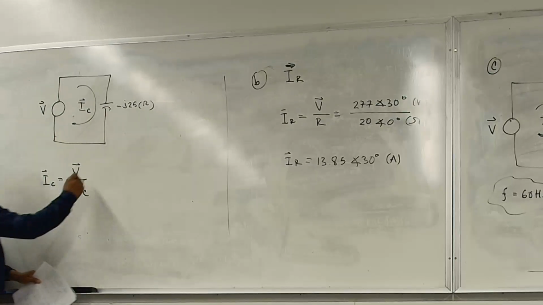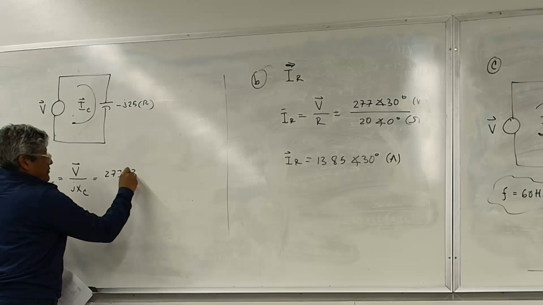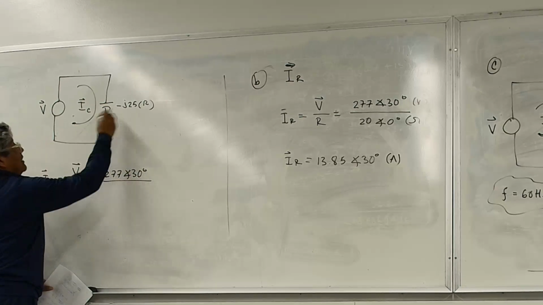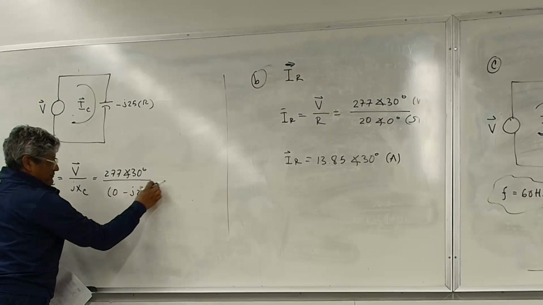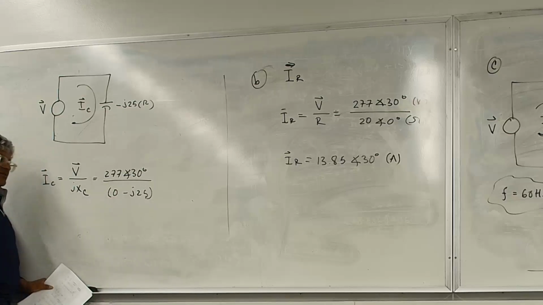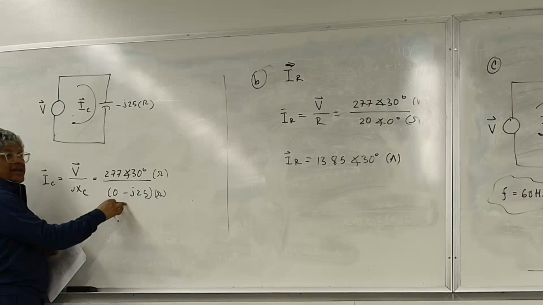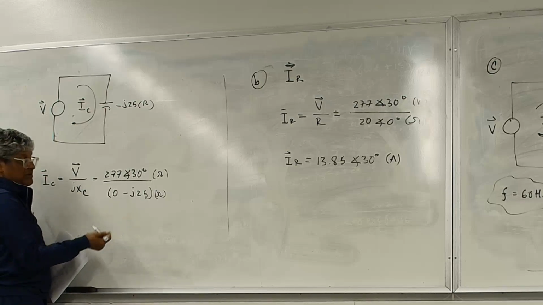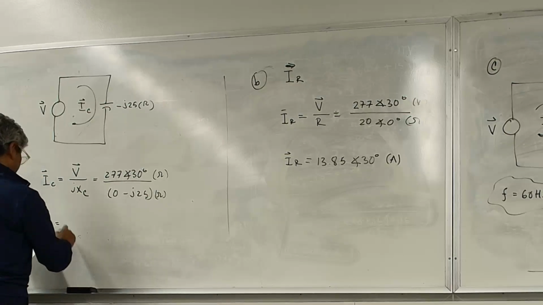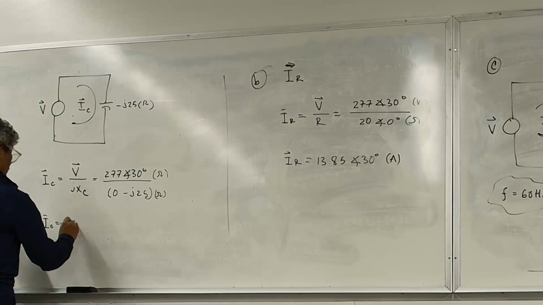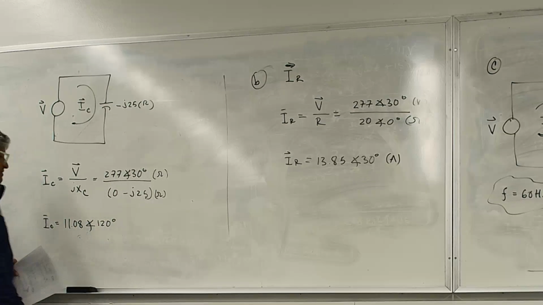We know this is, once again, 277 angle 30 degrees divided by 0 minus j25 ohms if you want to write it as a rectangular number, or 25 angle minus 90 degrees in polar form. So IC is equal to 11.08 angle of 120 degrees.